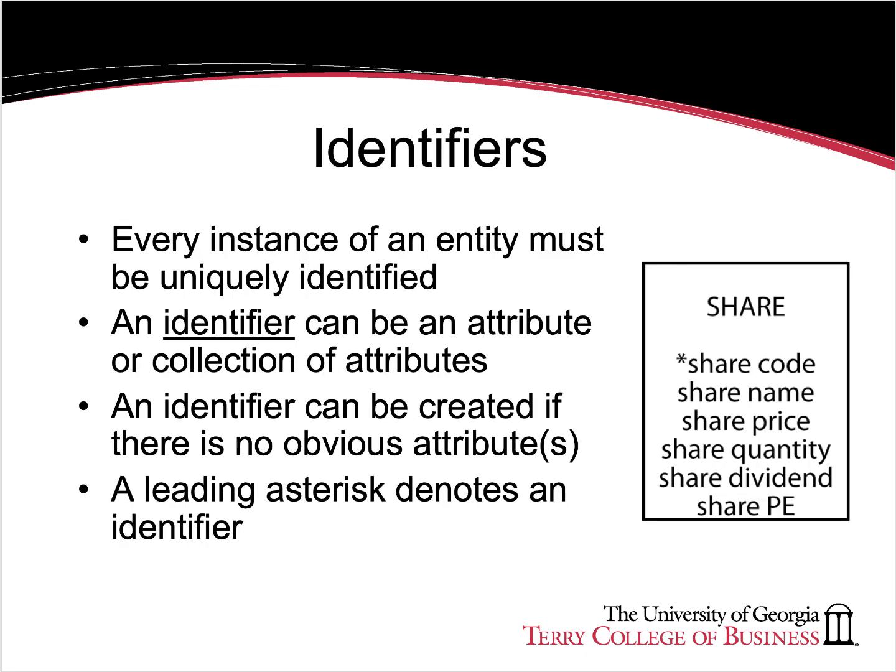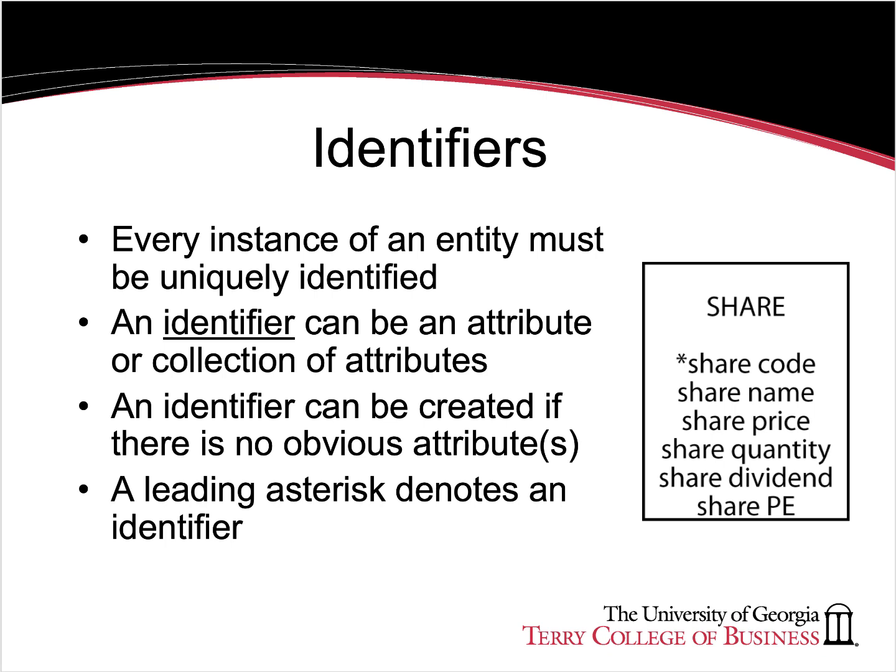The third important concept in Codd's relational model is that of identifiers. Every instance of an entity must be uniquely identified. Take, for example, a student at a university. How does the university distinguish one student from another student? They assign the student a unique identifier. An identifier can be an attribute or a collection of attributes. For instance, again, working with the student example, one can think of the last name of a student as an attribute of the entity student.